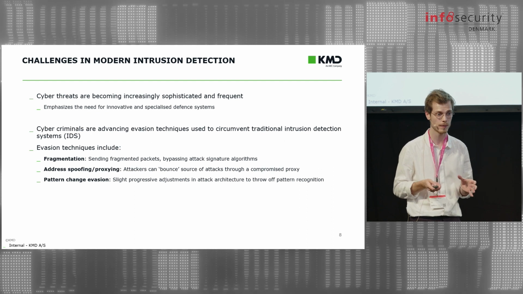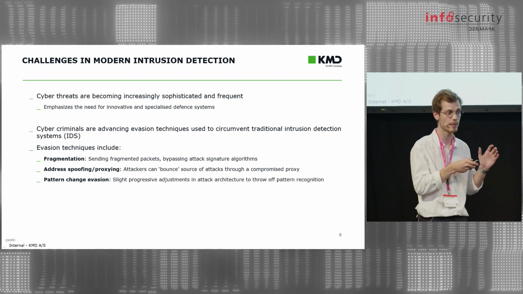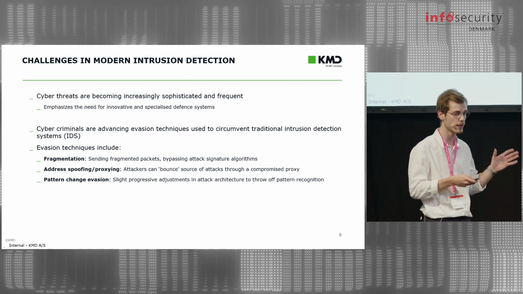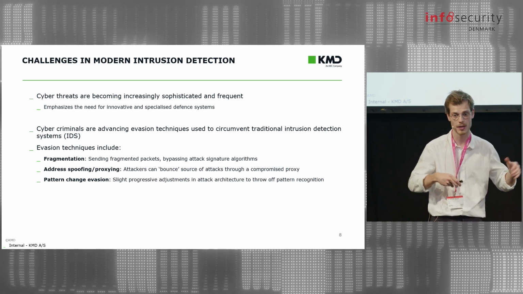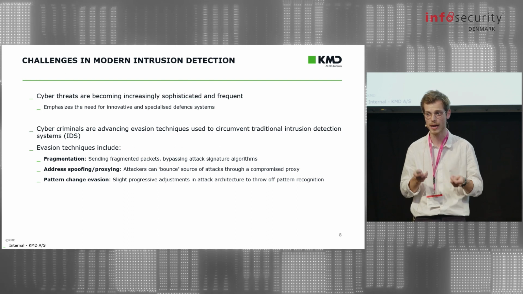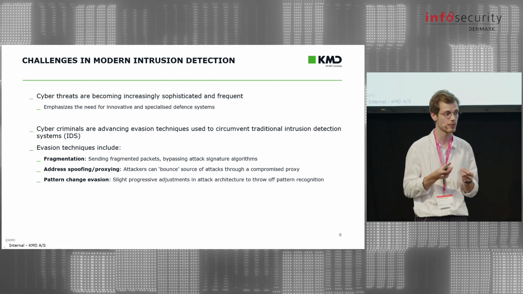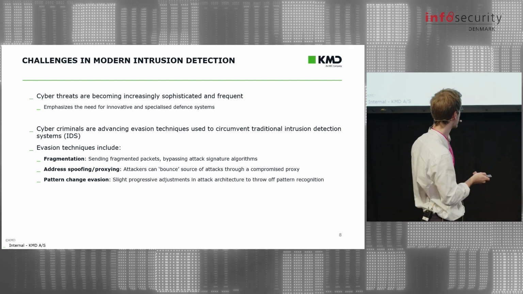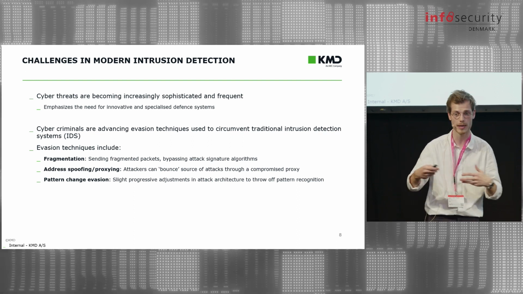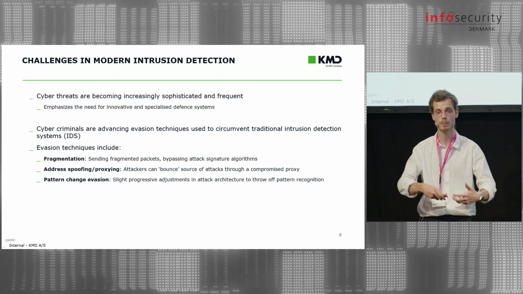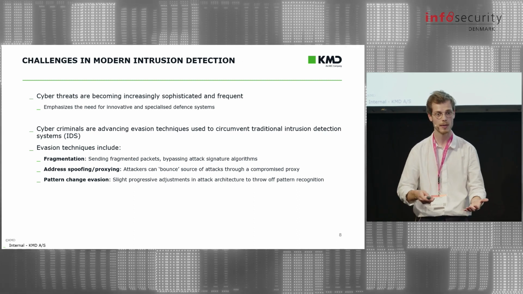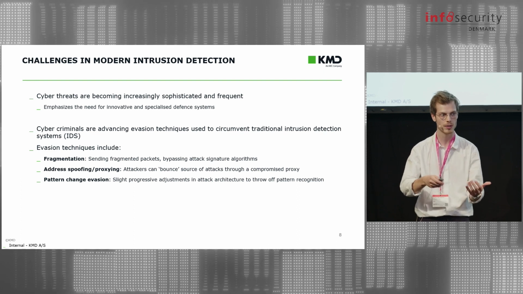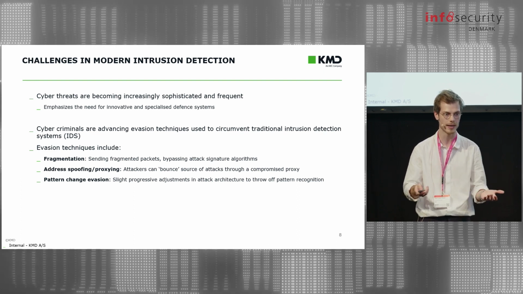Some of what they do is that we see attackers implement different techniques for evading traditional systems, some of which could be fragmentation, where you send off fragmented packets and hereby bypass the algorithms looking for a specific signature of a packet. But it could also be address spoofing, where a compromised proxy is used in the attack to bounce off the source of the attack, meaning that the algorithm looking for a certain blacklisted source would be circumvented.